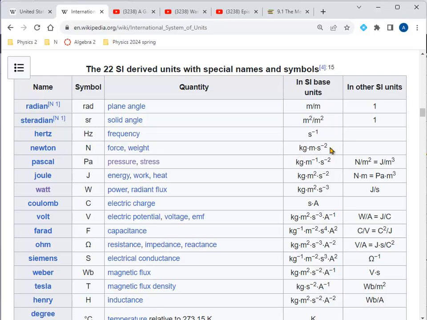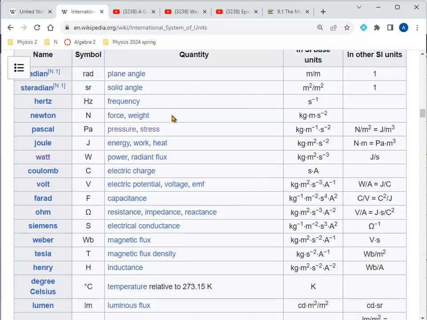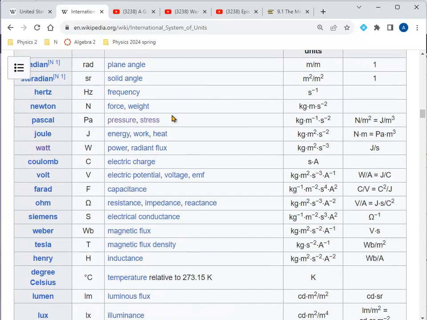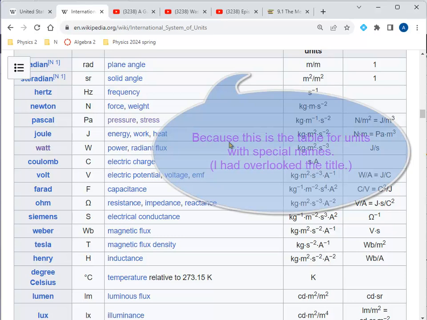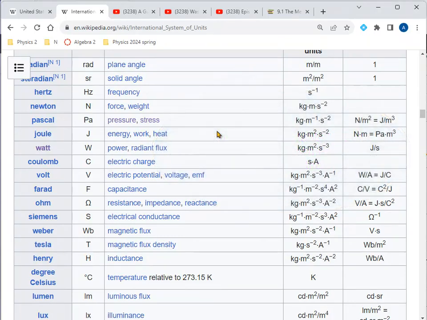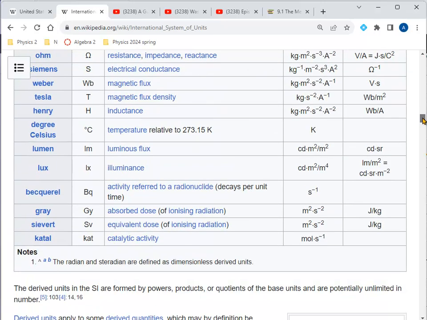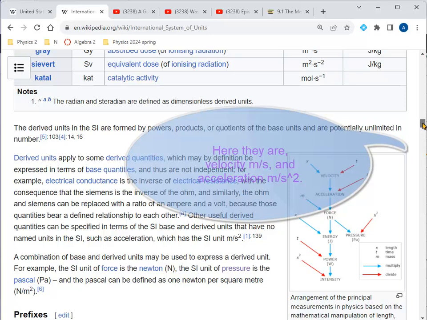And in the American system, well, that would be the pound, and it also would be a combination of slugs times feet per second squared, that kind of thing. Or if we find somewhere here, acceleration should be somewhere on here, except I don't see it right now, or velocity, we would have meters per second versus feet per second, that kind of thing. So these are derived units and the base units in the metric system, or the International System of Units.